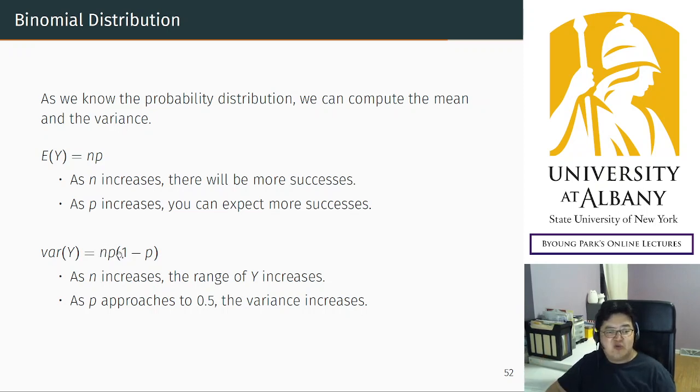And the reason why we have p times 1 minus p was explained earlier. The variance is maximized at 0.5, because this is the point where you cannot predict anything. But as the probability approaches 0 or 100%, you can predict better, so the variability and uncertainty decrease.